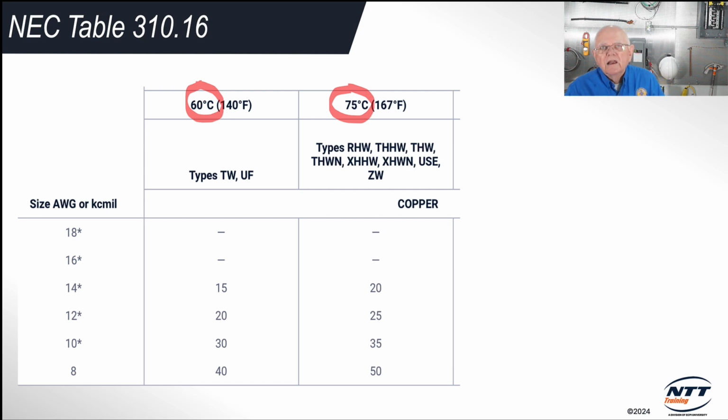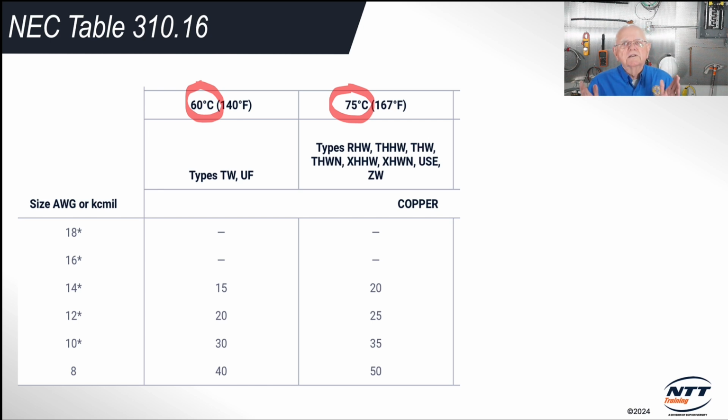Well, let's see. If my terminals are marked 60, I use the 60°C column. If they're marked 75, I can use the 75°C column. For 100 amps or less, and smaller than 1 gauge and all that, I'm going to use the 60°C column, except I always follow manufacturer's instructions.